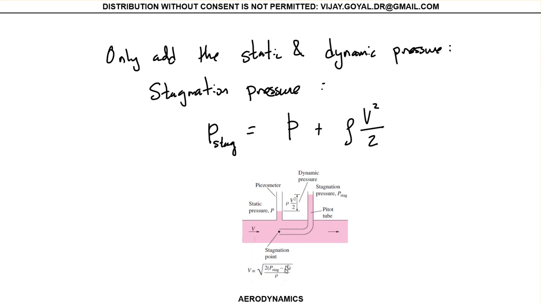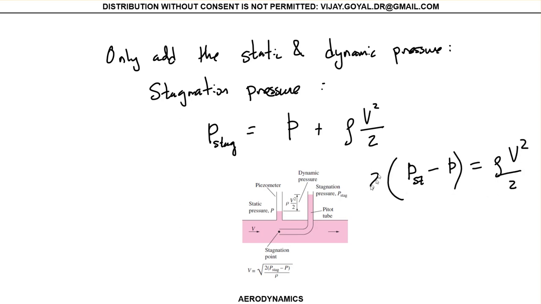So I could just subtract. I could find what my real pressure is, or I can find what my velocity is going to be if I take the difference. That comes from this equation. I can take P stagnation minus P equal to rho V squared over 2.